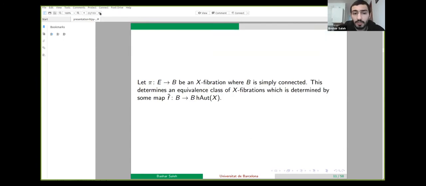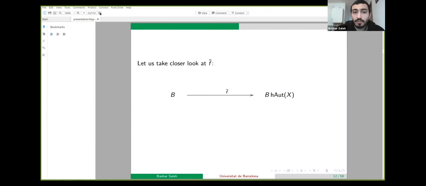Okay, so fixing such an X-fibration, this determines an equivalence class of X-fibrations, which is determined by some map from B to the classifying space of the homotopy automorphisms of X. So let's take a closer look at this map.